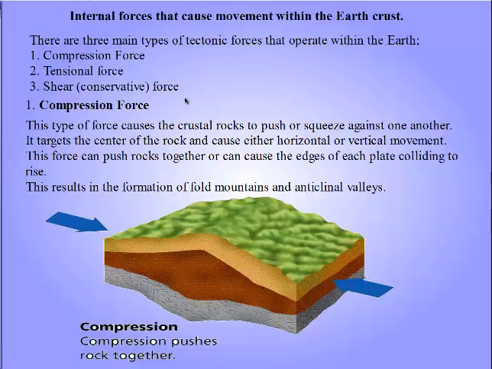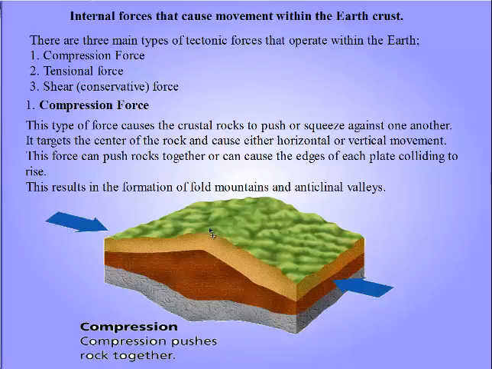It targets the center of the rock and causes either horizontal or vertical movement. This force can push rocks together or can cause the edges of each plate colliding to rise. This results in the formation of fold mountains and anticlinal valleys.